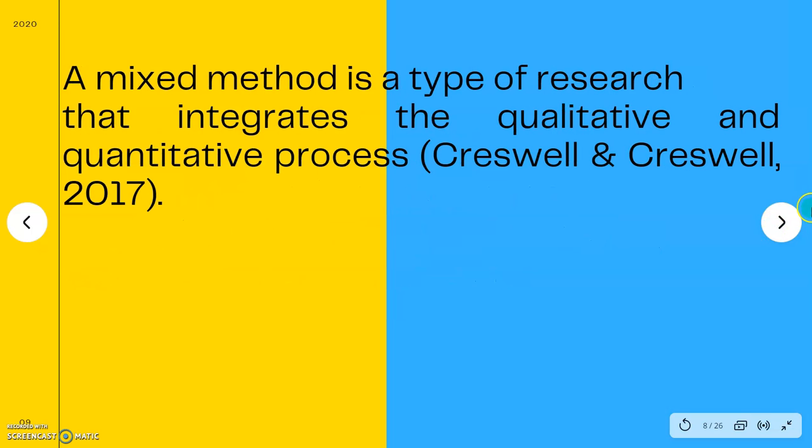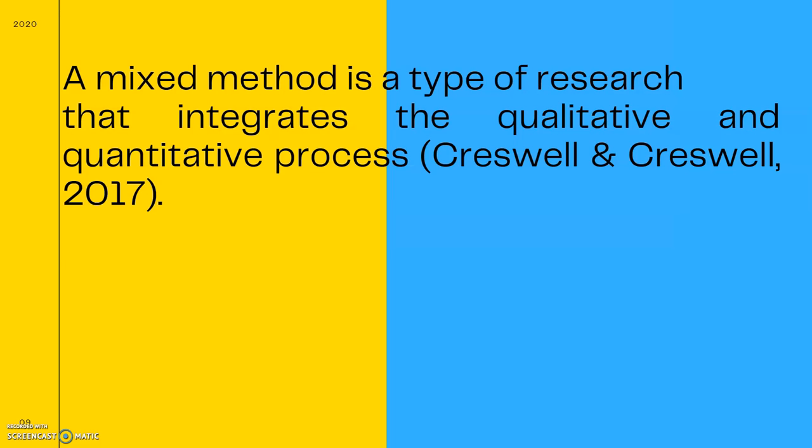Another type of research is the mixed method type of research. It integrates qualitative and quantitative processes. A mixed method research is usually not decided at the start of your research undertaking.